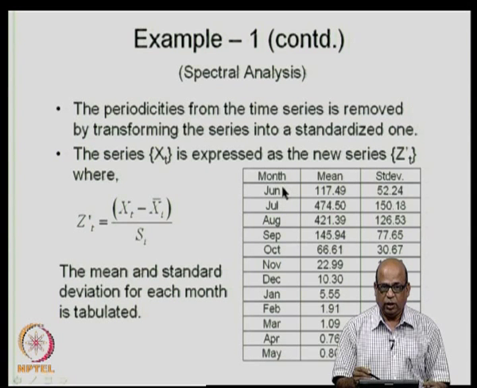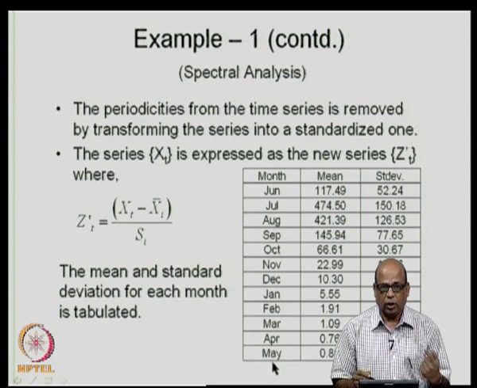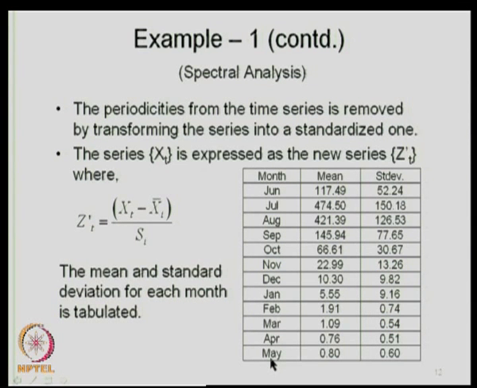For example, t is equal to 1 corresponds to I is equal to 1, t is equal to 3 corresponds to I is equal to 3, t is equal to 13 corresponds to I is equal to 1 again, t is equal to 14 to I is equal to 2 and so on. So, we identify the month to which the time period t belongs and deduct the mean of that particular month. June has its own mean.